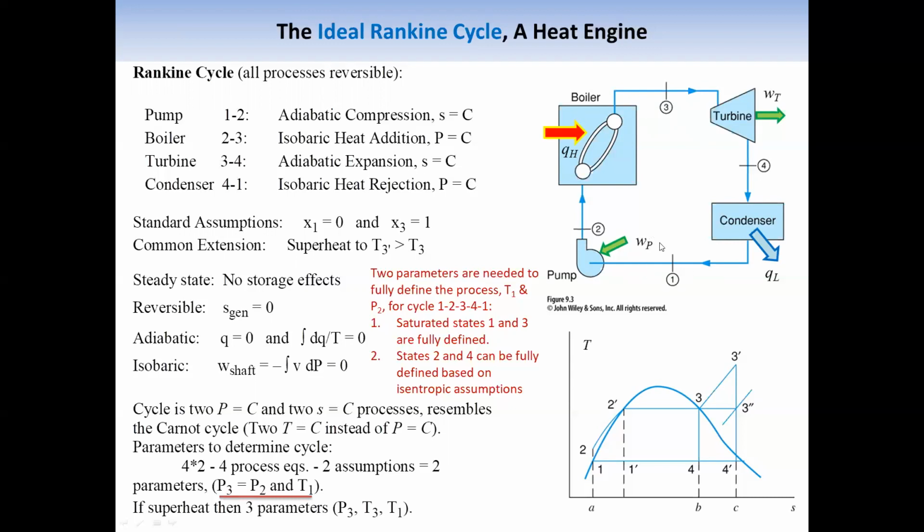We assume that the turbine and the pump are operated in adiabatic conditions, and the heat absorption in the boiler and the condenser are at constant pressure. The pump will have to push the fluid into the high pressure heat exchanger to absorb the heat. And similarly, the condenser is operated at constant pressure.